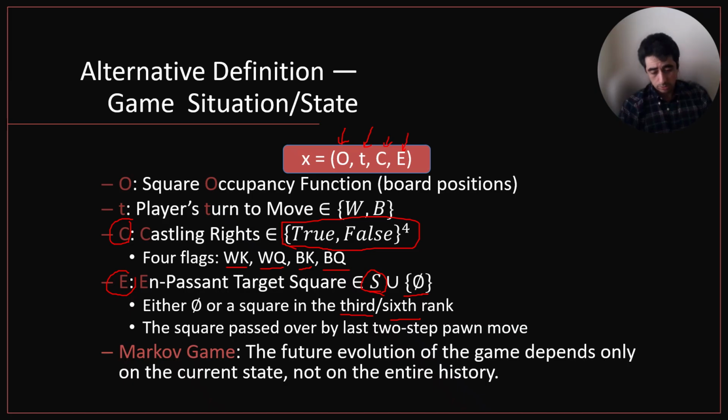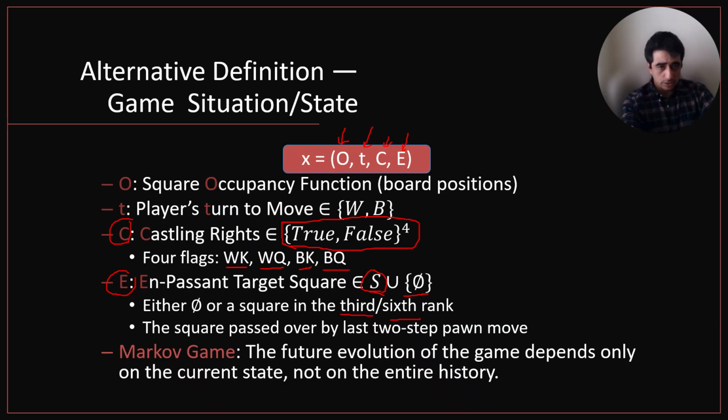And then the black pawn that is sitting on the fourth rank can capture the white pawn that has made a two-step advancement in the immediately next move. That's the definition.